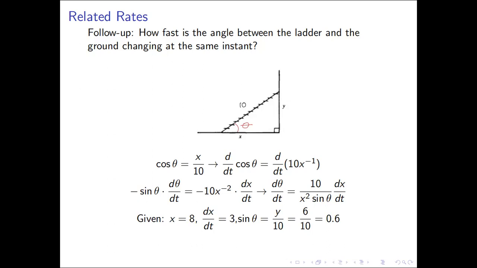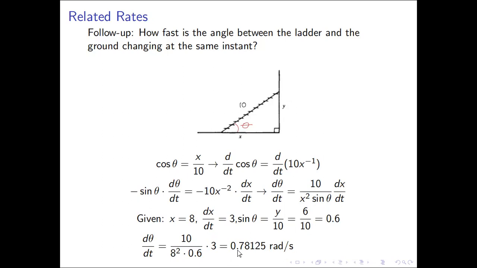So now we can plug in those to get d theta over dt. So plugging in sine theta, which is 0.6, dx over dt, which is 3, and x, which is 8. Now this should be 0.1. So let me just adjust after. So this is 0.1. So what I got originally was this.